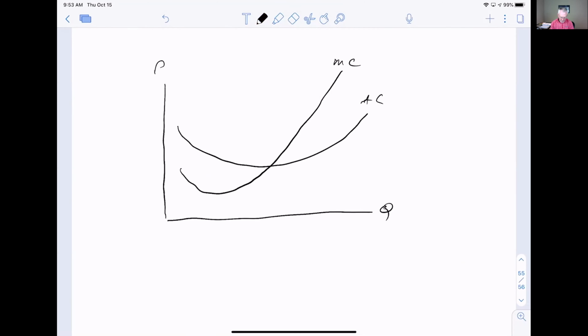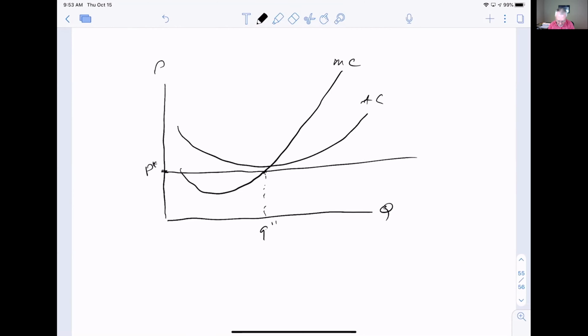And now let me suppose that market price is right here. So this is my market price. Now, my firm, using always the same golden rule, chooses the output where price is equal to marginal cost. We call this Q double prime.